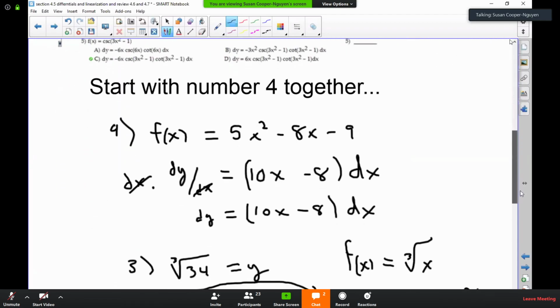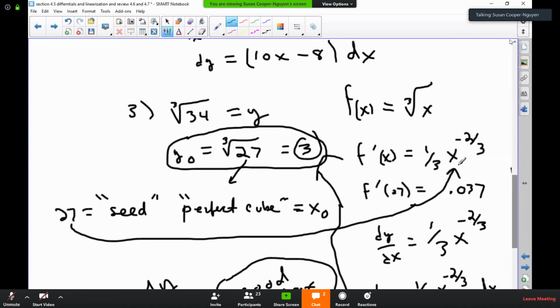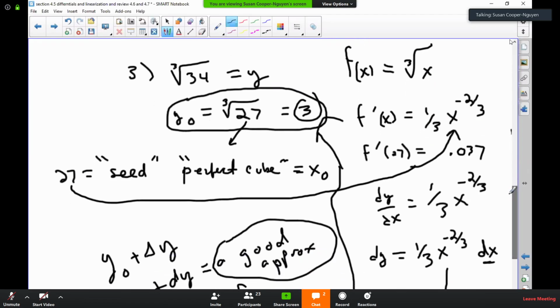meaning that we took the original function, we found its derivative. We said that dy would be equal to this expression right here. And then what we did was we took a perfect cube, plugged it in for x, figured out how far away that perfect cube is from the value of interest. Well, 27 is 7 units away from 34.